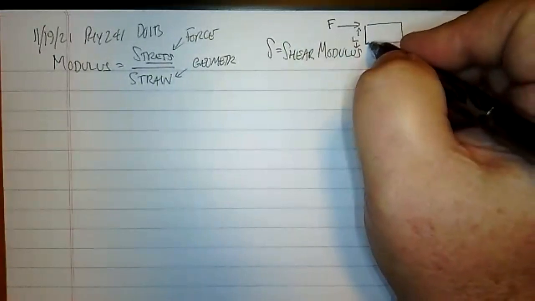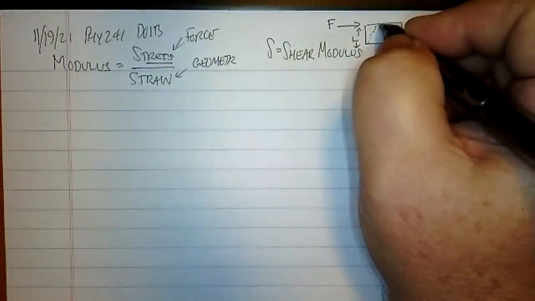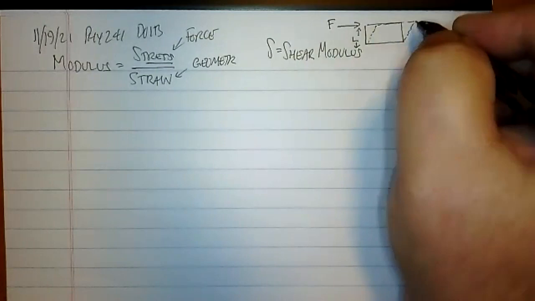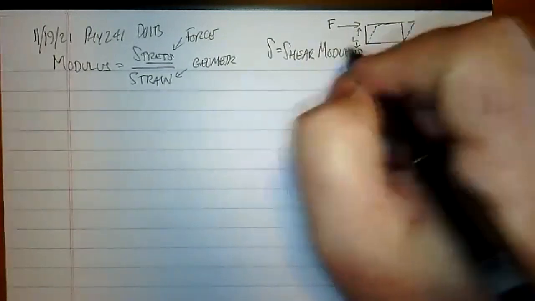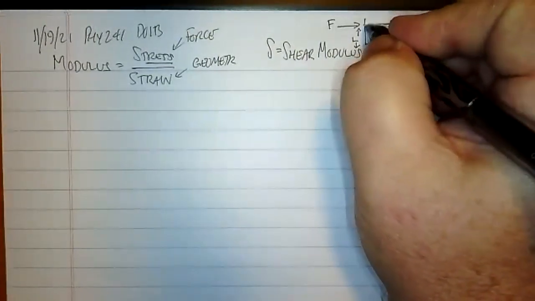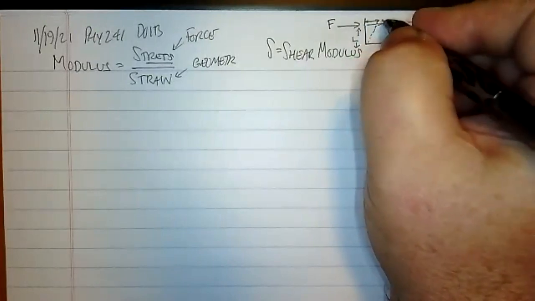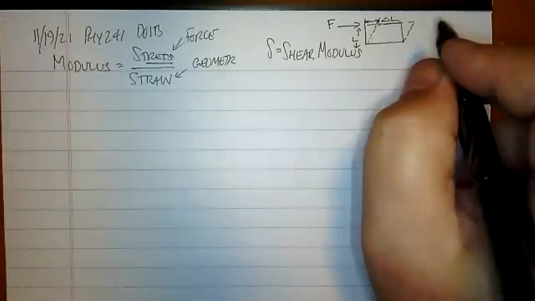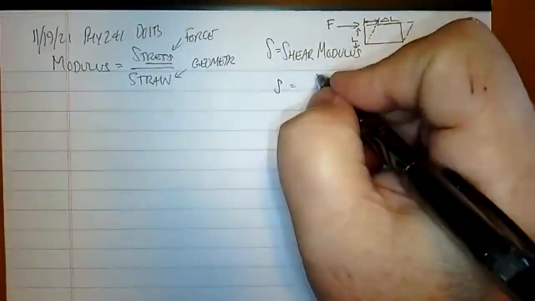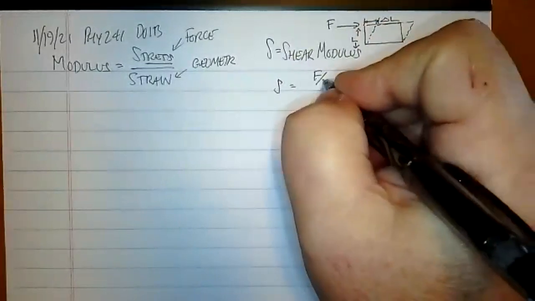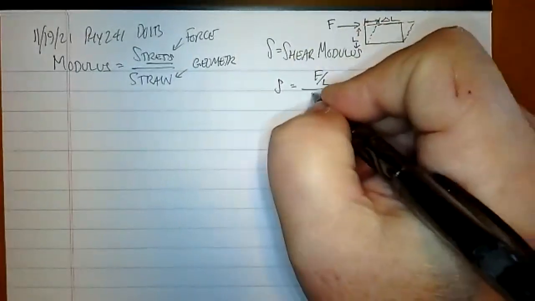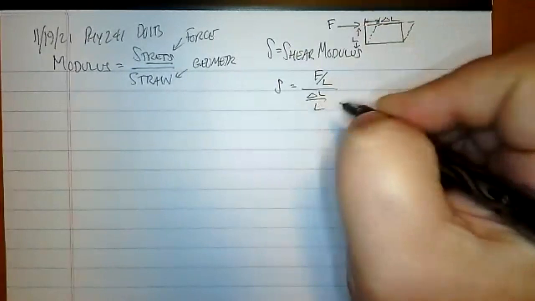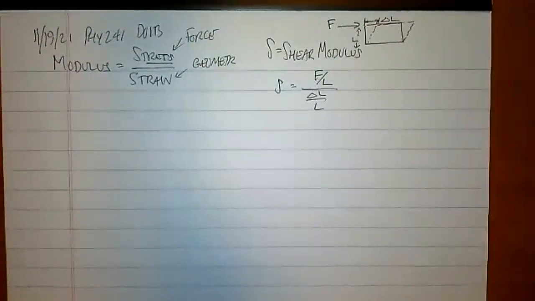And what's going to happen is the wall is going to rack and be shaped like that parallelogram now. This distance from here to here is delta L. So the shear modulus is the force divided by that length, over delta L divided by that length. So that's the shear modulus.